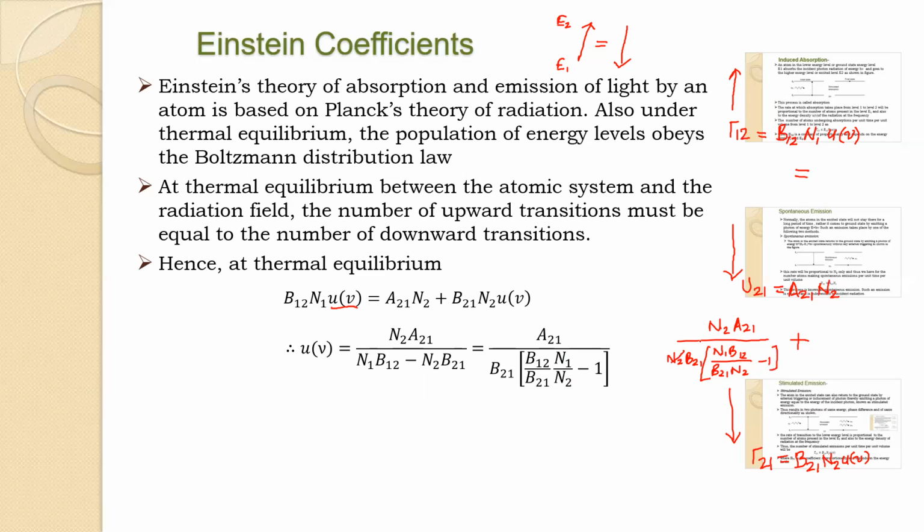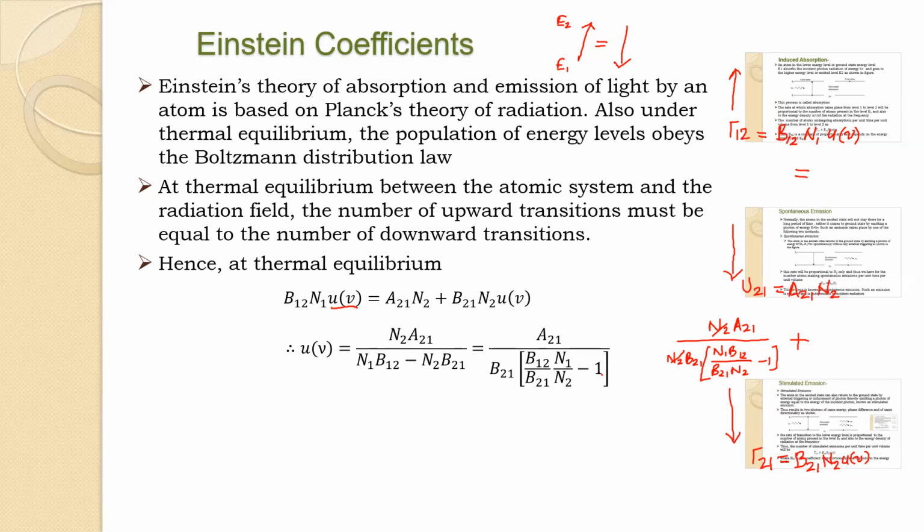Here we cancel N2, and the result becomes A21 divided by B21 into, B12 by B21 into N1 by N2 minus 1.